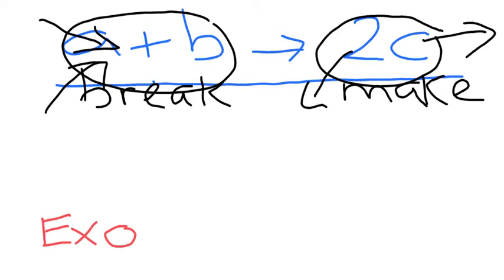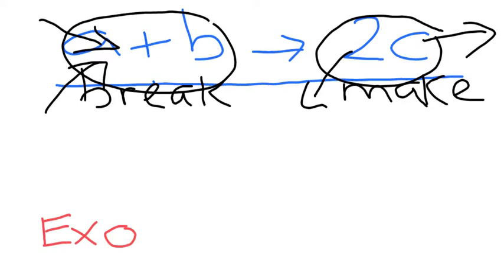If we start with looking at exothermic reactions, in the case of chemical reactions, how much energy goes in to break bonds and how much energy is released when new bonds are made is generally different.